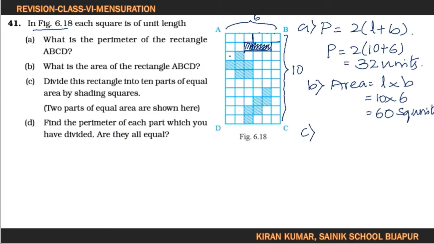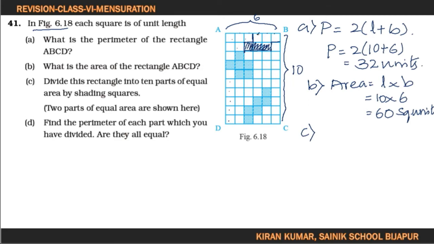Let me observe this one, 1 2 3 4 5 6. If I take it like this, 1 2 3 4 5 6, yeah, I can make each of the areas equal to 6 square units.